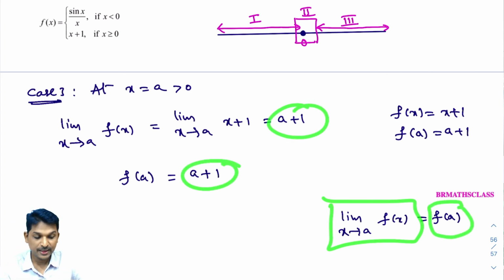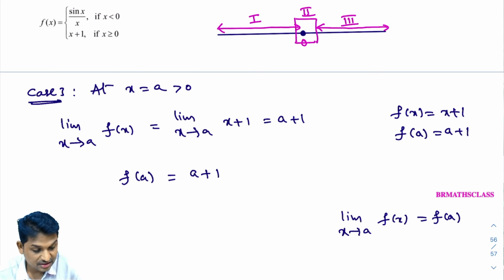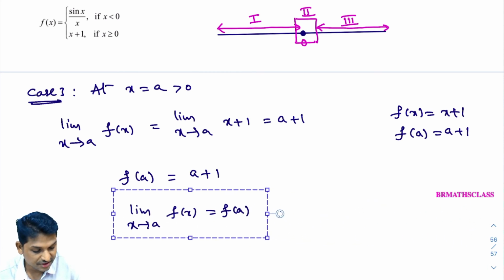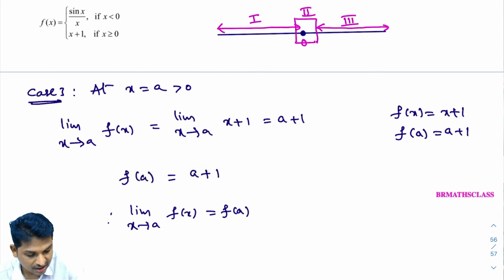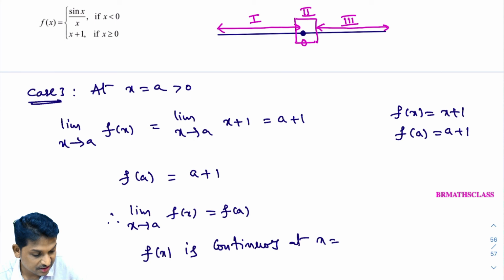So what I can say? Therefore, limit x tends to a, f of x equal to f of a. Therefore, from this I can say that f of x is continuous at x equal to a, where a is greater than 0. So in case 1 it is continuous.